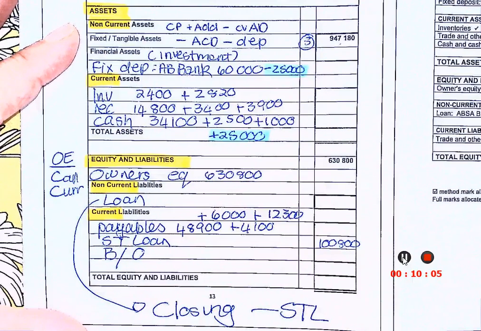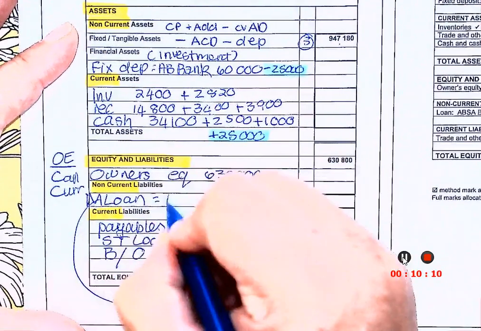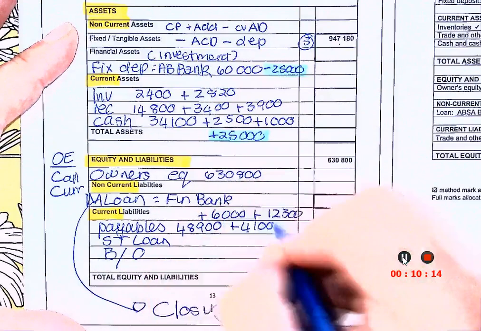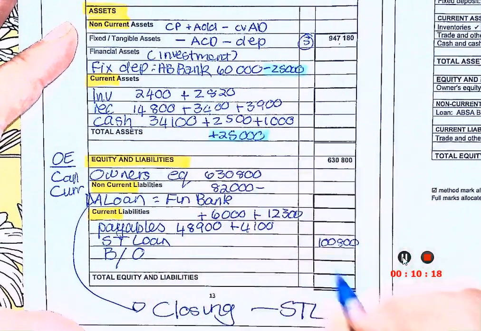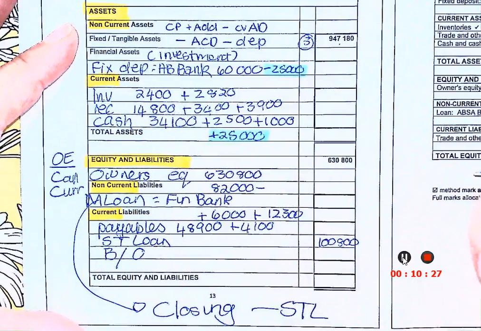What is it? 82,000. And I see it's a mortgage loan, Finbank. Okay. And I see it's 82,000 less the short-term loan of 800. That's not possible. Did I read wrong? No, but that doesn't make sense.